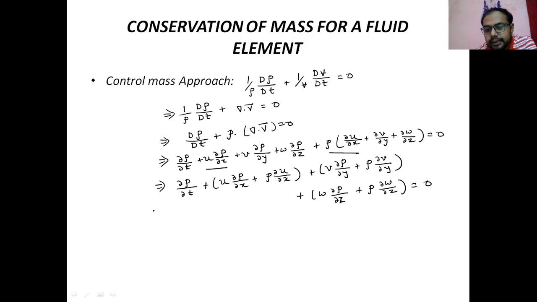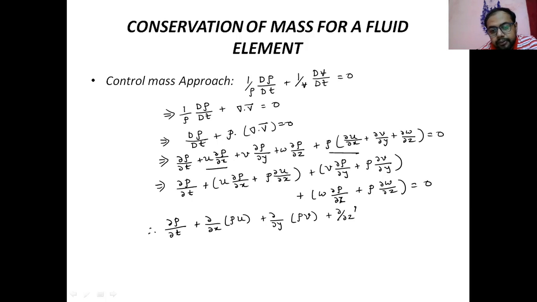We are writing the final equation here: d rho dt plus del x of rho u plus del y of rho v plus del z of rho w.